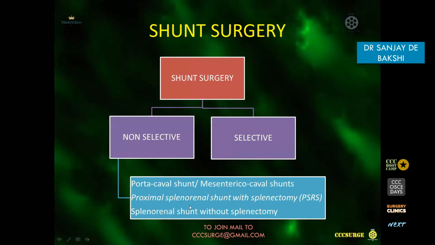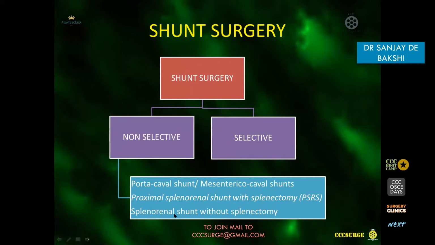The proximal splenorenal shunt with splenectomy has been described in the non-selective shunts. There's a bit of an issue about that, but recently I think Dr. Sujoy Pal, who I think is going in for heading the GI surgery at All India Institute, Delhi, labeled this because that has been described in Bailey and Love under the non-selective shunts.